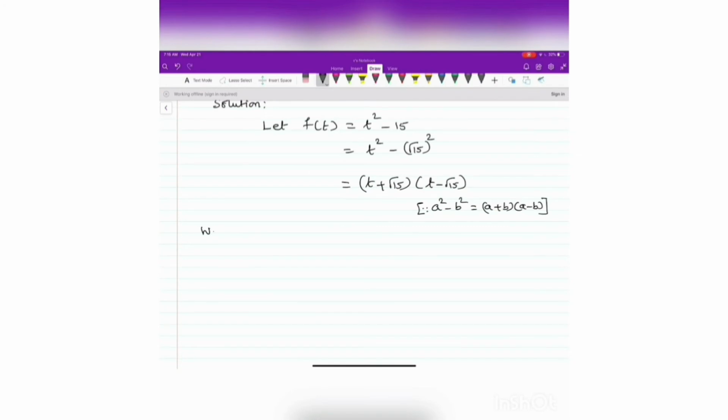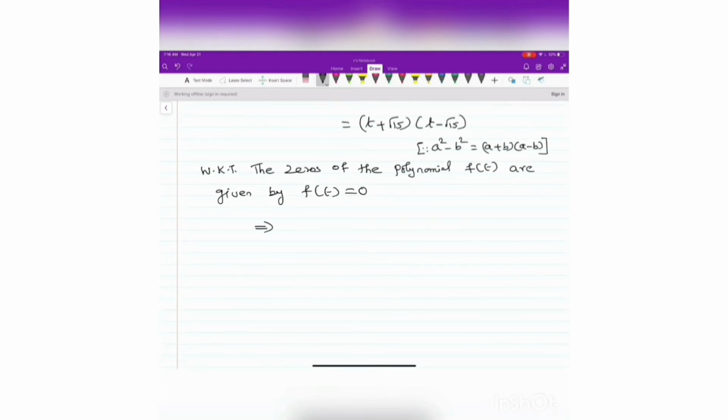The important step: we know that the zeros of the polynomial f of t are given by f of t is equal to 0. This implies t square minus 15 should be equal to 0.